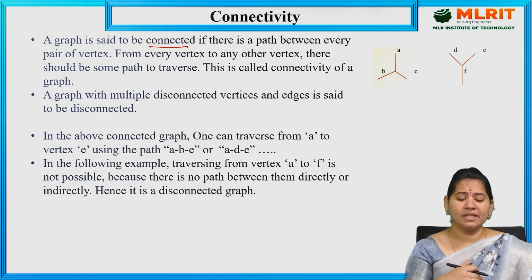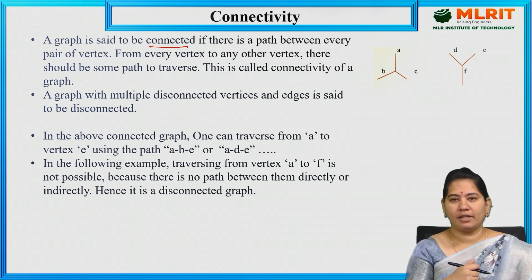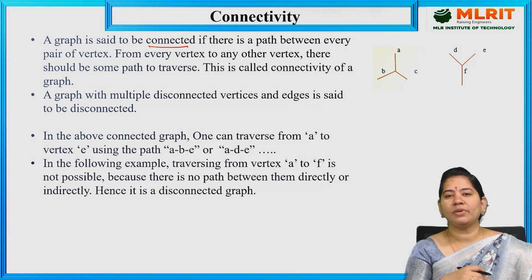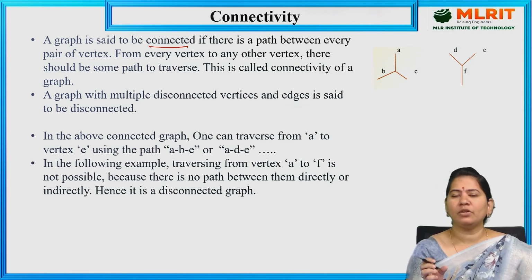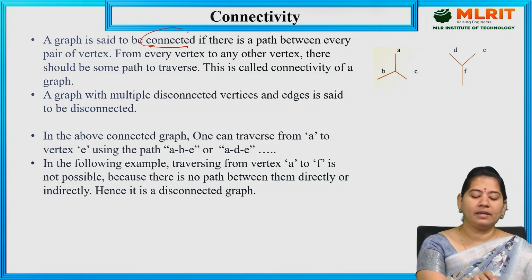A graph is said to be connected if there is a path between every pair of vertices. Whatever vertices we have, V1, V2, V3, V4, V5, V6 up to Vn, if you consider any pair of vertices, you should have some path between them. Then only I can say it is a connected graph.